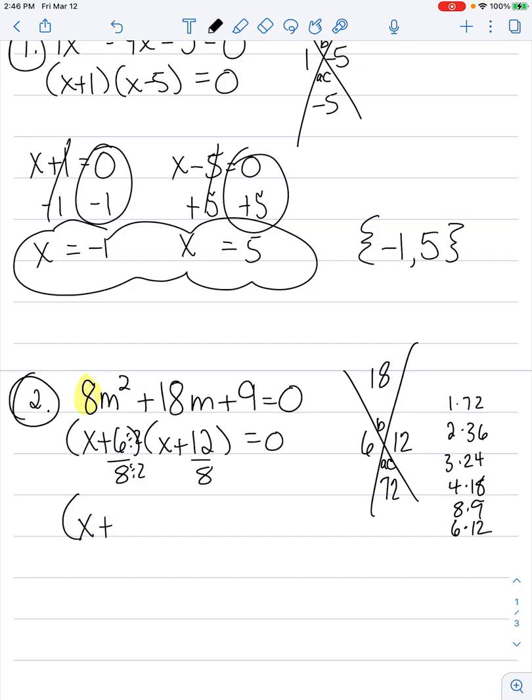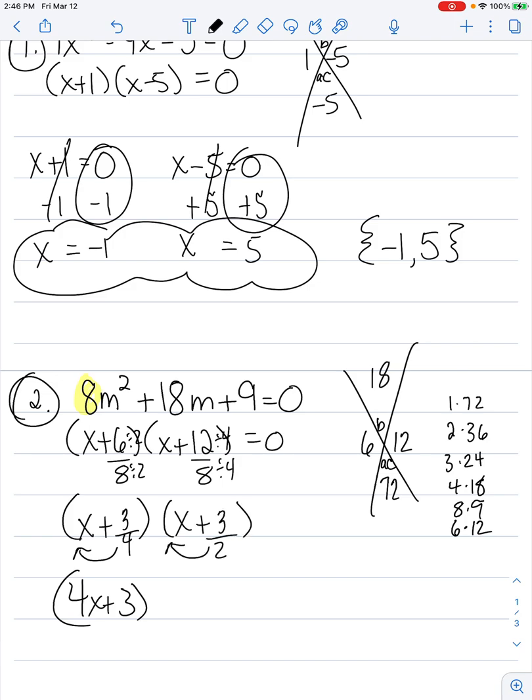So I get x plus 6 divided by 2 is 3, 8 divided by 2 is 4, slide that over to get 4x plus 3. Times 4 will go into both of these, so I get x plus 12 divided by 4 is 3, 8 divided by 4 is 2, slide that over, times 2x plus 3 equals 0.